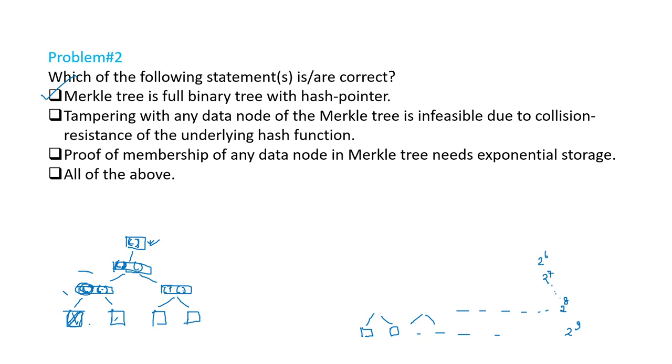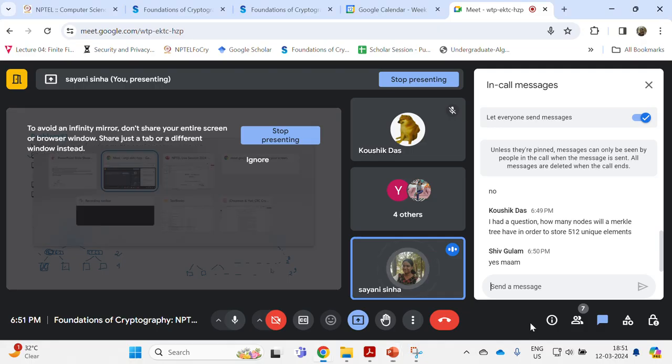Let's say for the case you have 4 leaf nodes or data nodes, here you have 4 data nodes, 2 nodes containing hash pointers and 1 node here, right? And the final root node. So like that you can count in this case also, right? Does that answer your question, Kaushik?